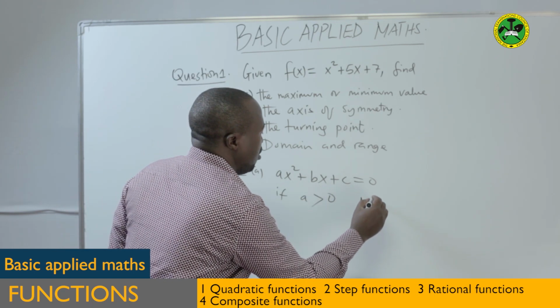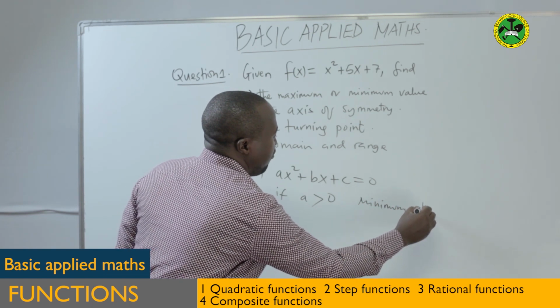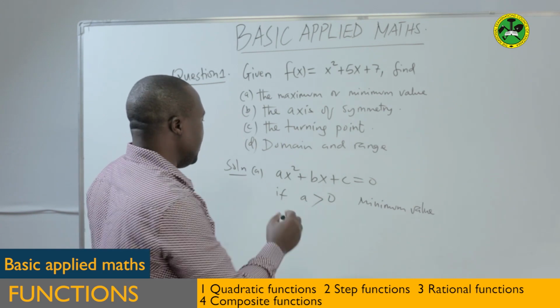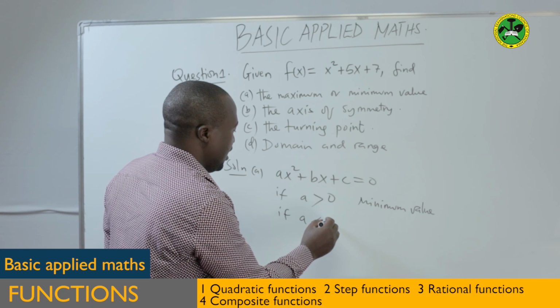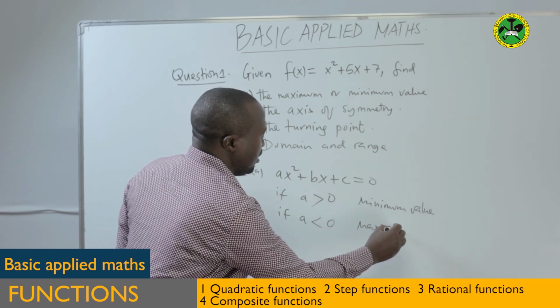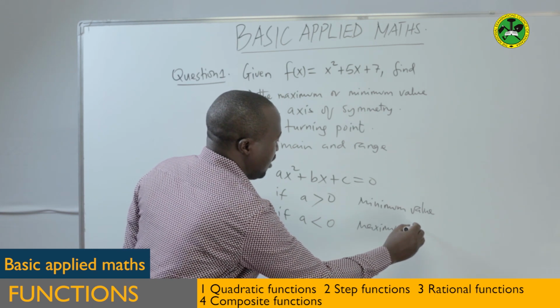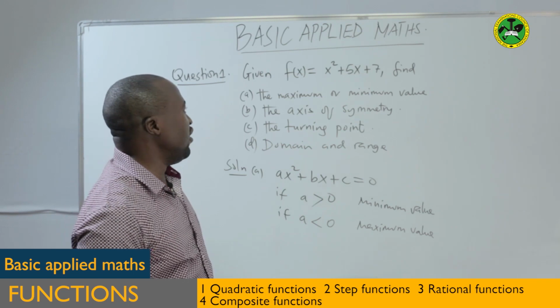That is, we have a minimum value. But again, if a is less than 0, then we have the maximum value.